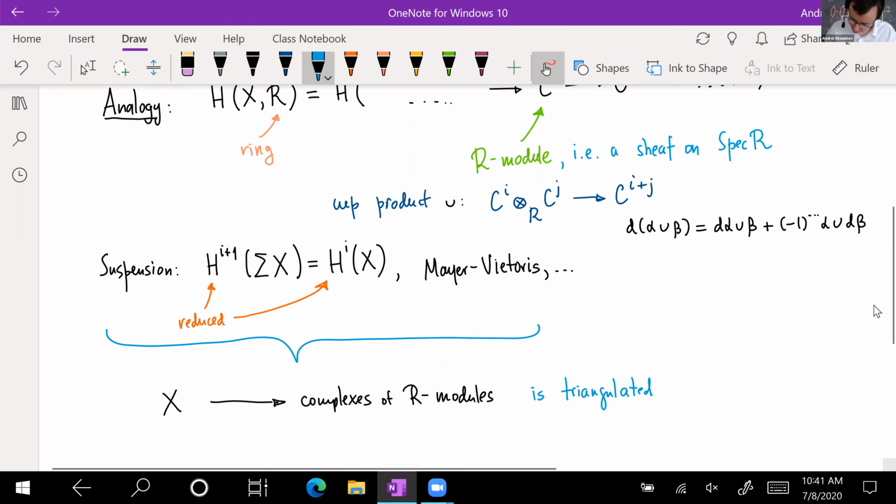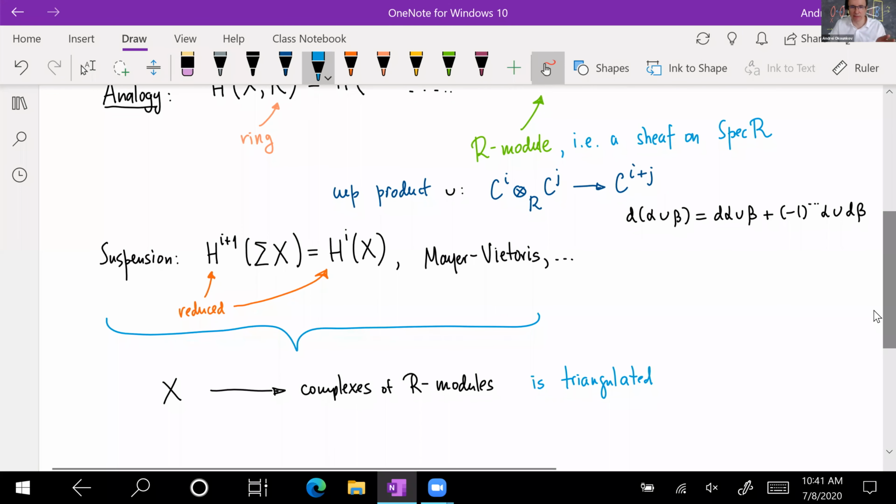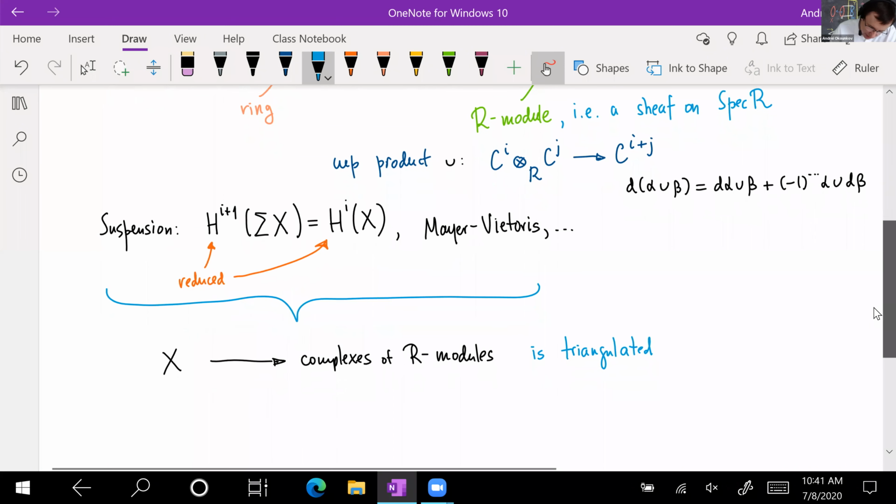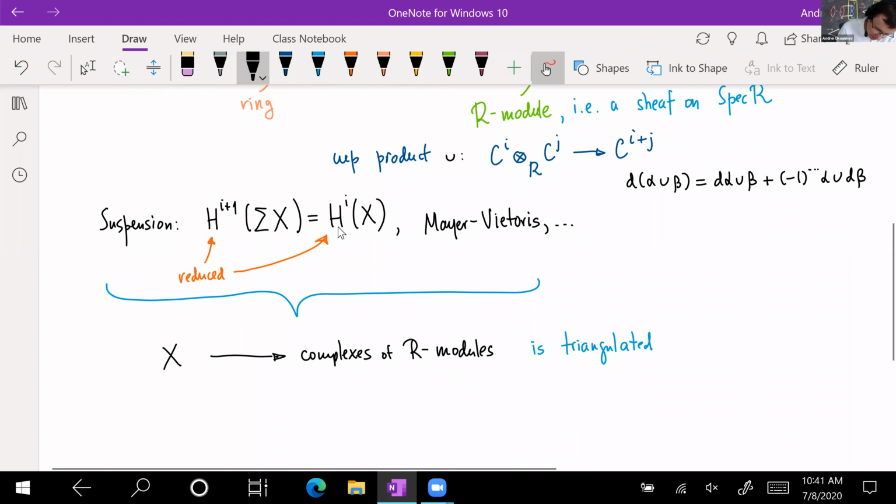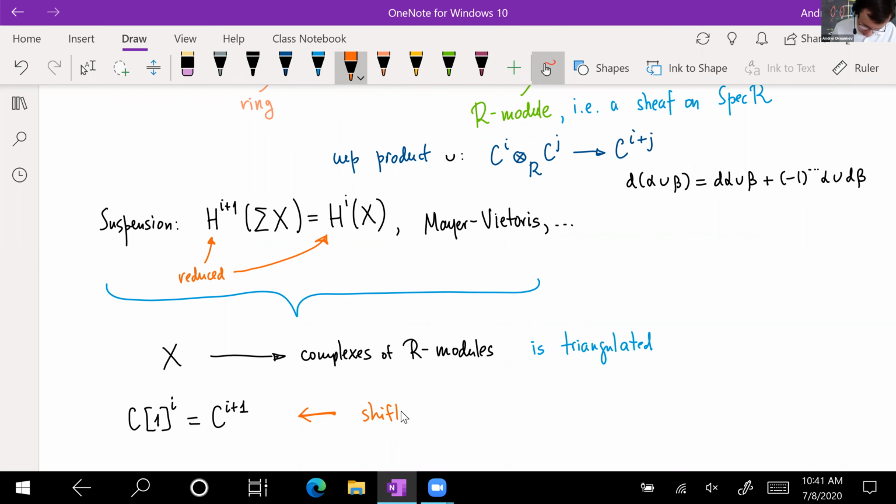The category of complexes is a prototypical example of a triangulated category in which we have a shift by one. So usually we define the shift by one so that the i-th term of the shifted complex is the (i+1)-th term. This is the shift complex, shift by one to the left.